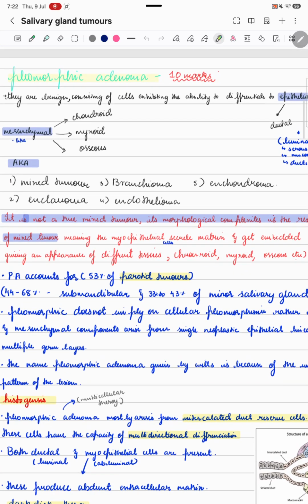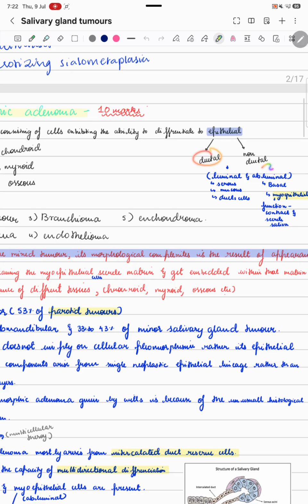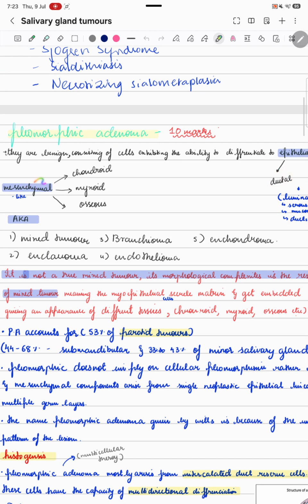Okay, so pleomorphic adenomas are benign tumors consisting of cells having the ability to differentiate into ductal and non-ductal cells. They are mesenchymal like, okay, so they can be chondroid like, myxoid like and osseous.